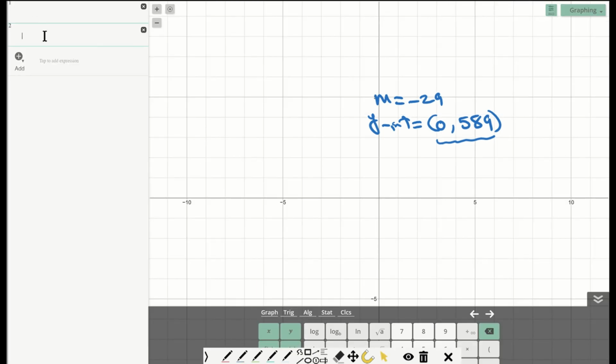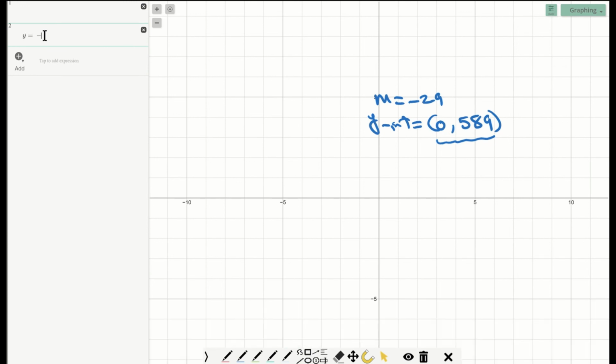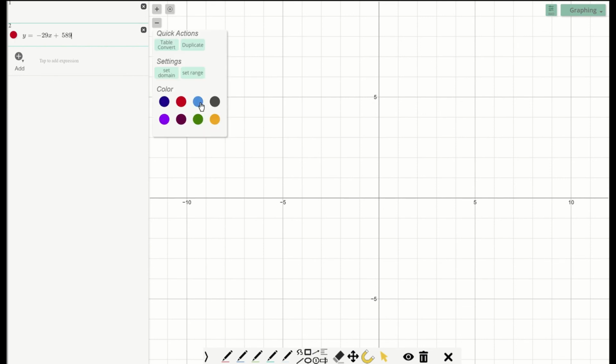So we have y equals -29x plus 589. All right, it's obviously not going to show up until we zoom fit it.